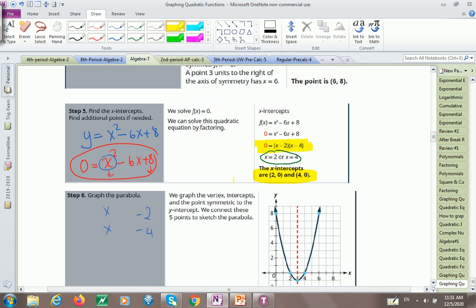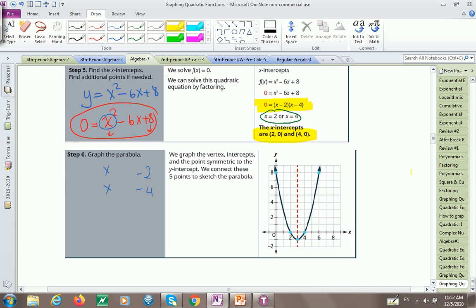So far we know that the graph is going to open up. It's going to open up. And we got the y-intercept. We just got two x-intercepts. We had the vertex coordinates. Now all you have to do right now is put that into a coordinate system and just plot those points and combine it. So let's check our points in the scale graph.